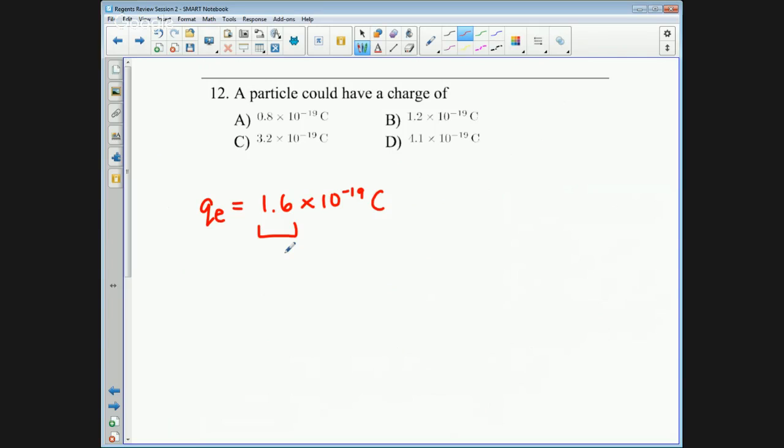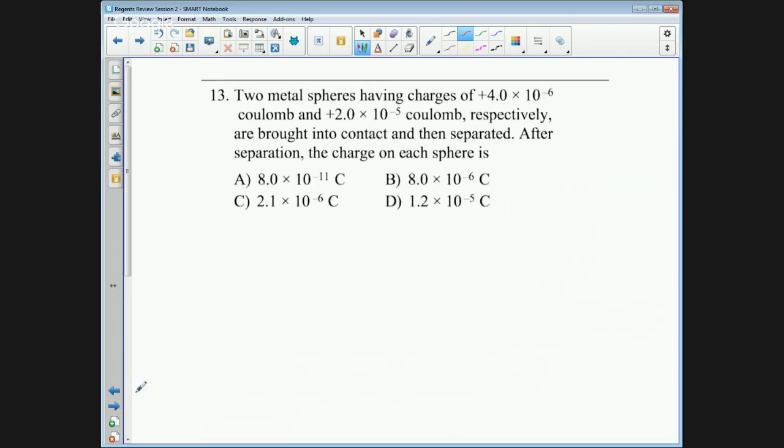For an allowed charge for a particle to have, it needs to be a multiple of 1.6. So the only number up here that is a multiple of 1.6 is C, which is 3.2 times 10 to the negative 19 coulombs. Okay, 0.8 is not a multiple, that's a factor. 1.2 is not a multiple or a factor, and 4.1 is not a multiple or a factor. So the answer is C.